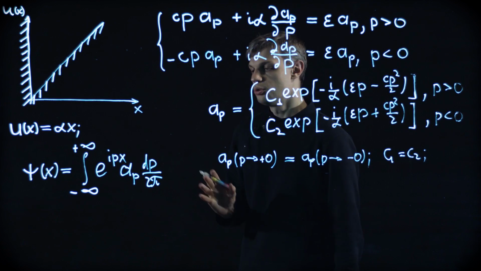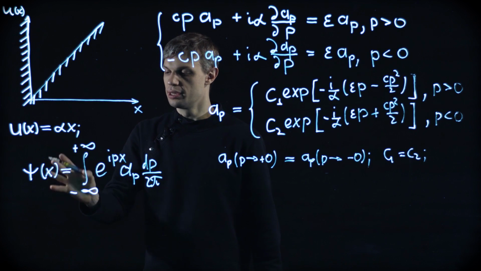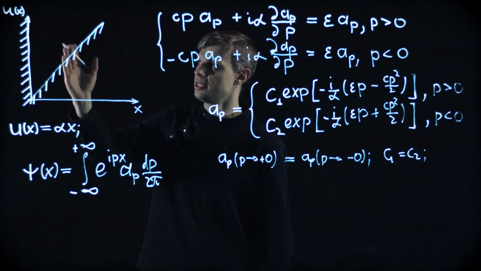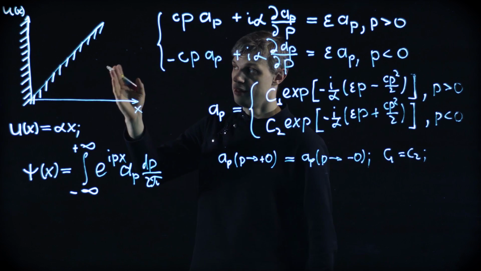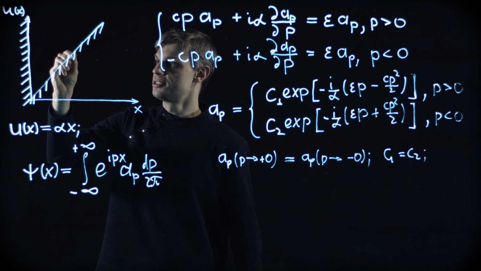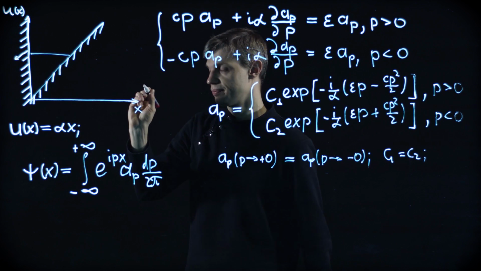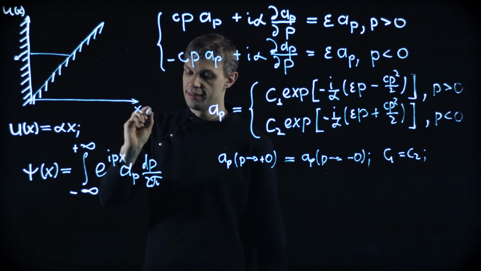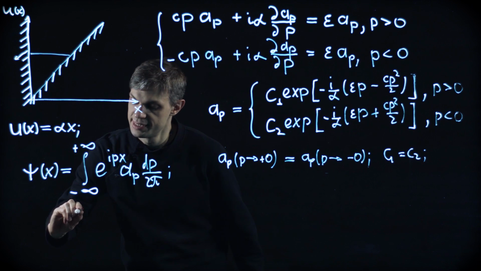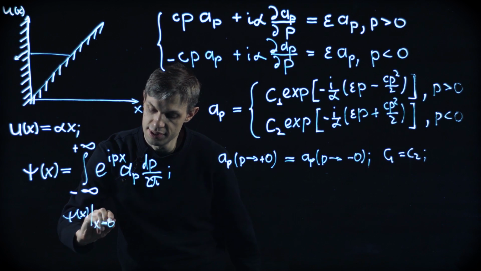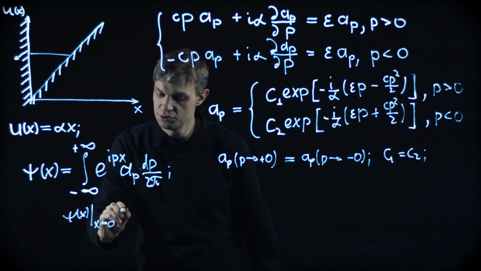Now we have this relation between the wave function in coordinate and momentum representation. We have an impenetrable wall here, and that means the particle can't penetrate into this region. That entails that ψ(x) at x equal to 0, so at this ground level, should vanish.